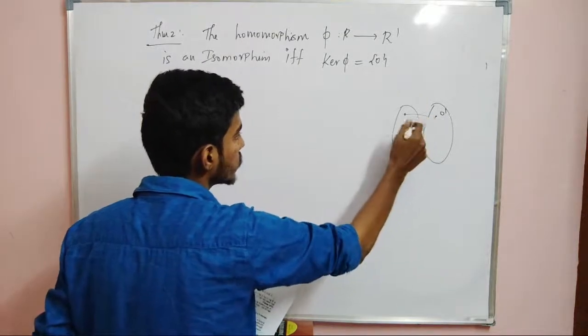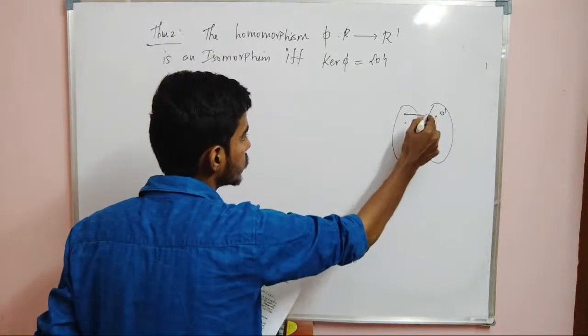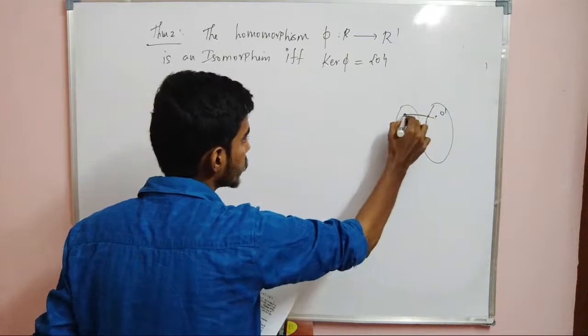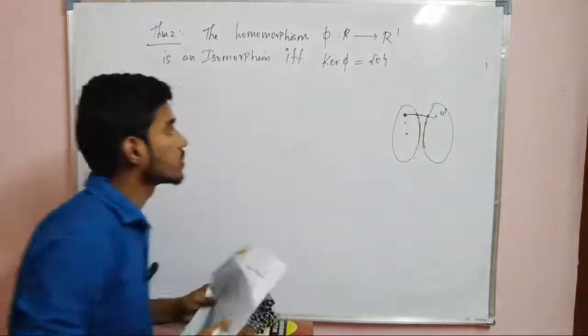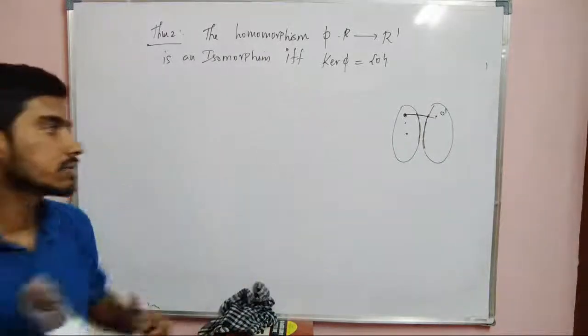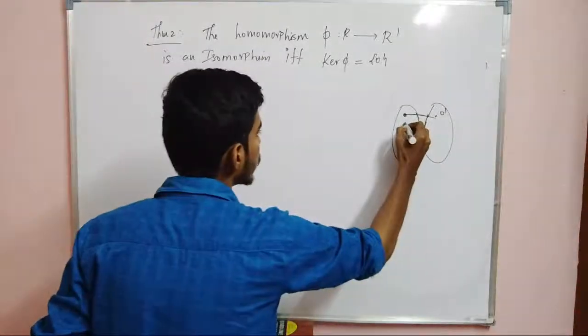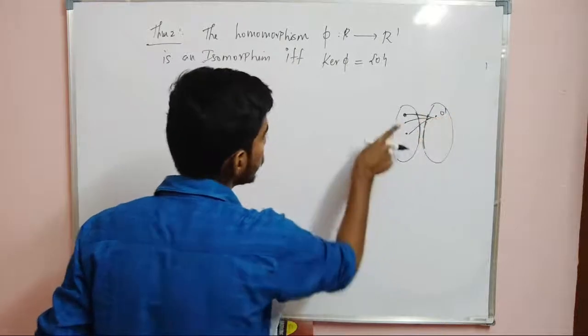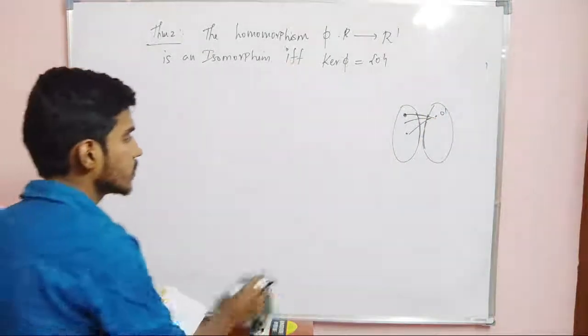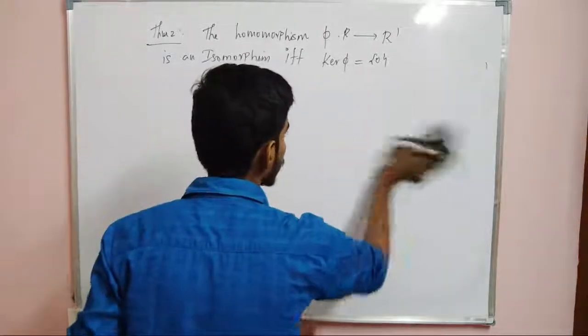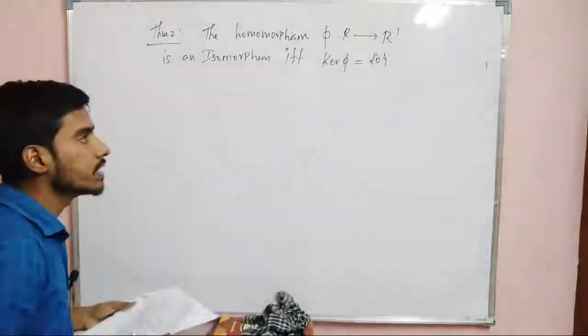That means 0 is the only element mapped to 0, right. So if the kernel of f contains only the 0 element, then the mapping will be 1 to 1. Suppose there is some other element in the kernel of f, then 1 to 1 is not valid. So for 1 to 1, the kernel of f has to contain only the 0 element.